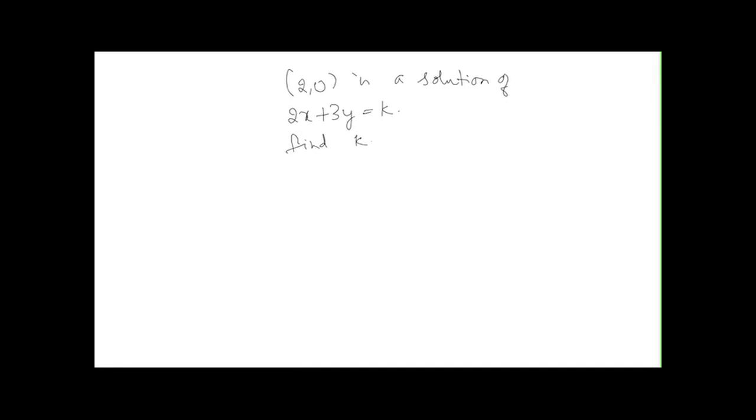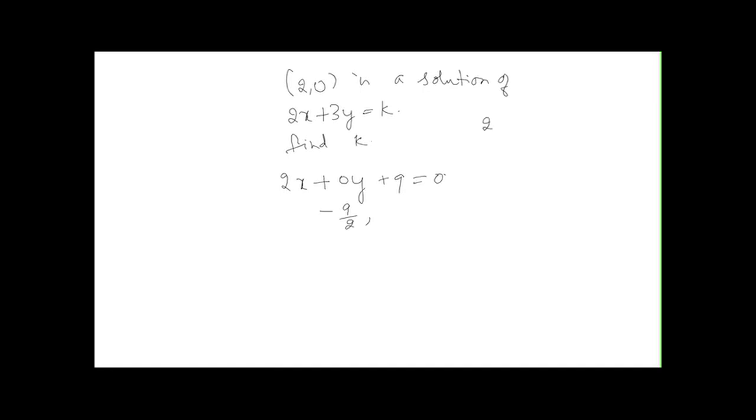Can you give one solution for 2x plus 0y plus 9 equal to 0?